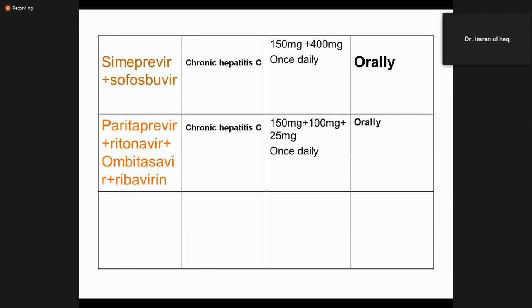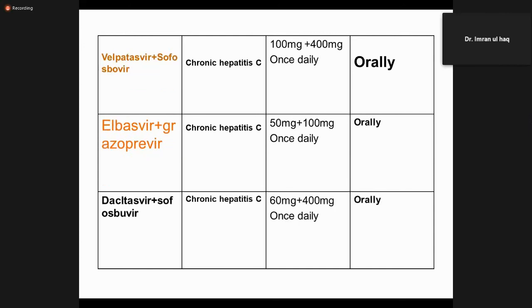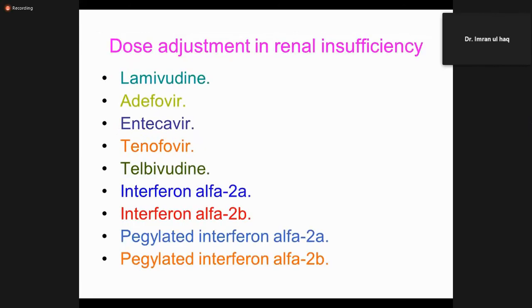That is the standard dose of ribavirin, because ribavirin is one of the oldest drugs that is given orally in the treatment of hepatitis C. But nowadays, some patients are showing resistance, so that is why we are trying the new previr family, like simeprevir, sofosbuvir, paritaprevir, right, and then elbasvir, grazoprevir. So these are the new products, right?